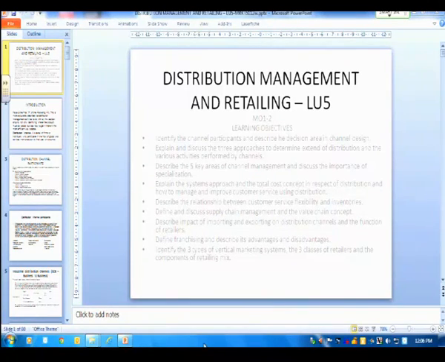We want also at the end of this unit to be able to define franchising and describe its advantages and disadvantages. And lastly, we should be able to identify the 3 types of vertical marketing systems, the 3 classes of retailers, and the components of the retailing mix.